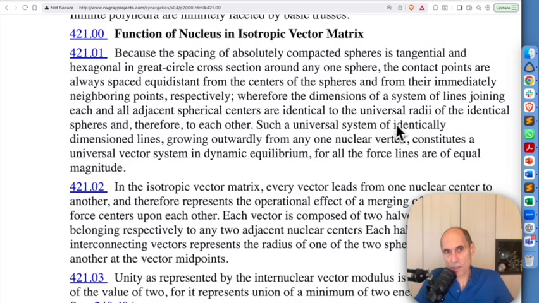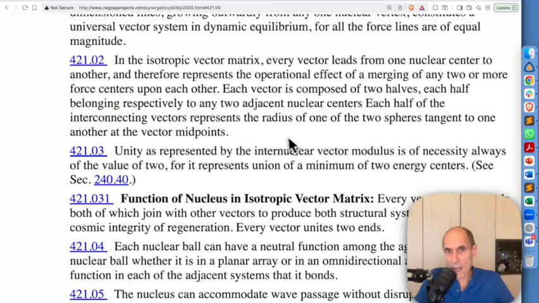Such a universal system of identically dimensioned lines growing outwardly from any one nuclear vertex constitutes a universal vector system in dynamic equilibrium, for all the force lines are of equal magnitude. In the isotropic vector matrix, every vector leads from one nuclear center to another, and therefore represents the operational effect of a merging of any two or more force centers upon each other.